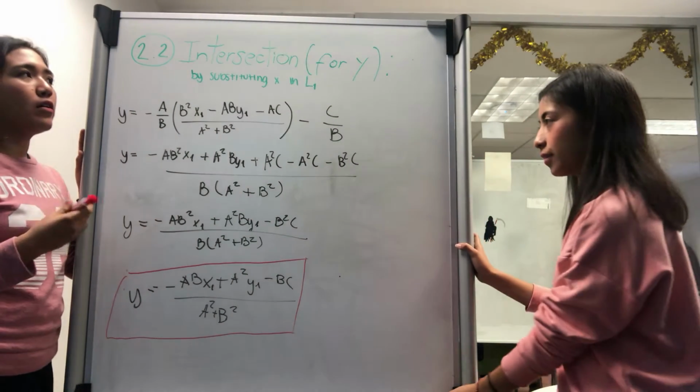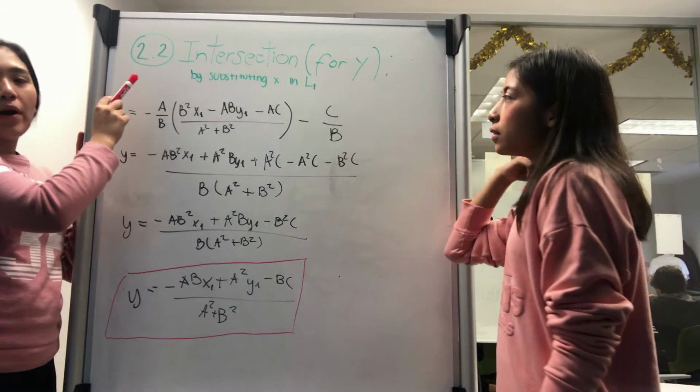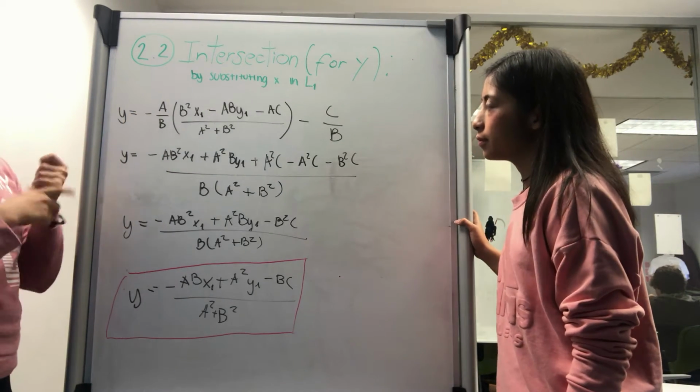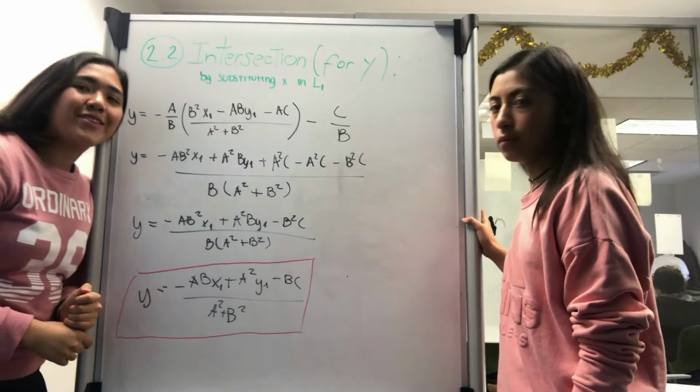Okay, so now we're getting the intersection for y by substituting x in the equation of line 1.